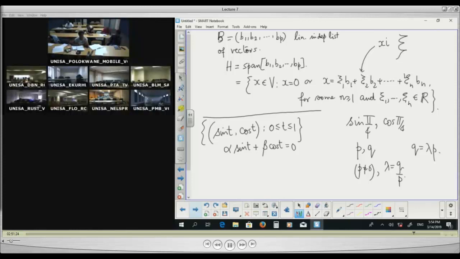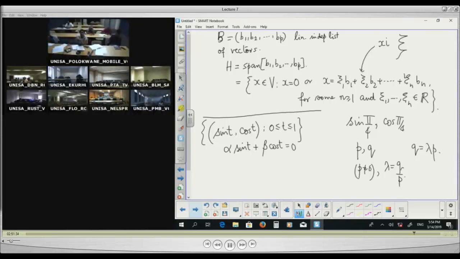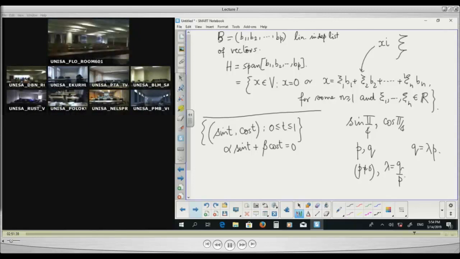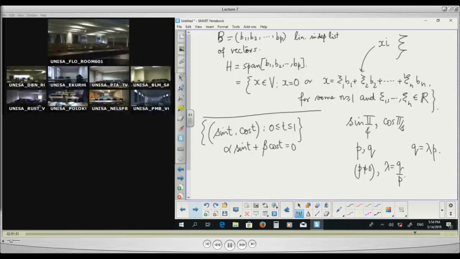Okay, but sir, let's say t doesn't lie between 0 and 1, right? If you fix any value of t, wait. When sin pi over 4 is equal to cos pi over 4. Yes, it might be. That's a special case when your lambda is 1. Yes, and your beta is -1. That would make the non-trivial solution possible. But wait.